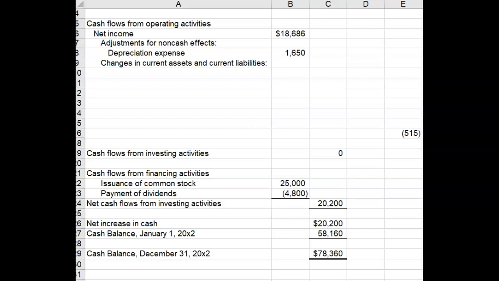What that means is, if the balance in a current liability increased, you must add the amount of that increase to net income. If the balance in a current liability decreased, you must subtract the amount of that decrease from net income.